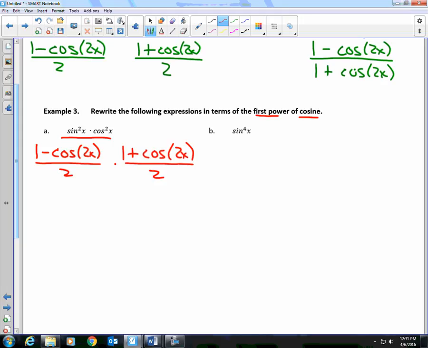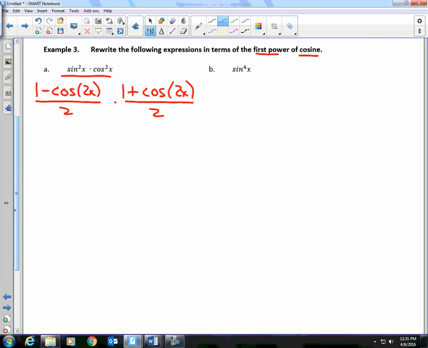Okay. We'll need to multiply those out. 1 times 1. Negative cosine of 2x times 1, negative cosine of 2x. 1 times positive cosine of 2x is positive cosine of 2x.